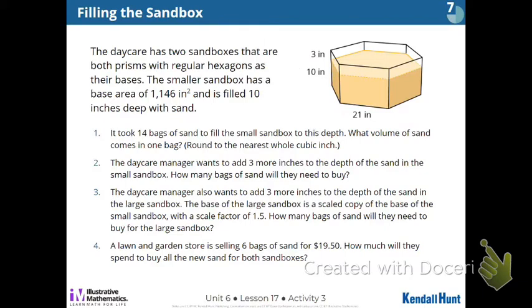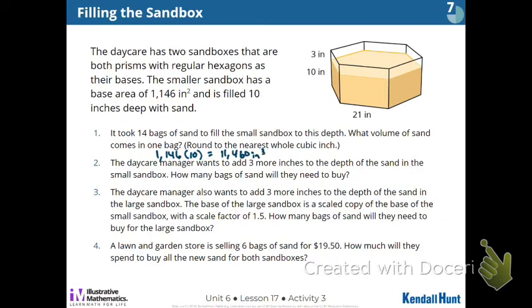Let's get after it. So for number 1, I know I have 1,146 square inches for the base. I'm going to multiply that by 10 inches to get the volume that is in the pit. That's 11,460 cubic inches.